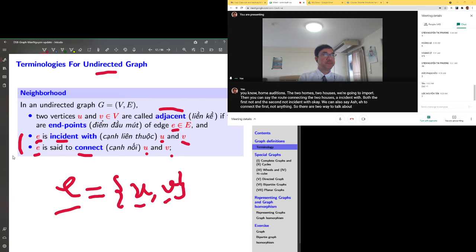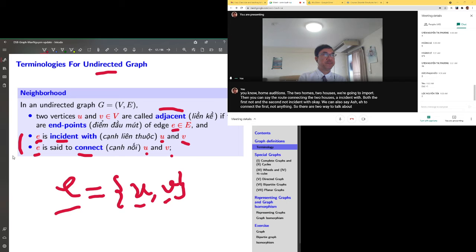But also imagine that you have another node denoted by W, maybe your school, then there is a route connecting your house to the school. Let's say HCMUT here as well. So you have to count the number of edges incident to U. And by the definition, you have E1 here and E2 here. The number of edges is 2. So the degree is 2.